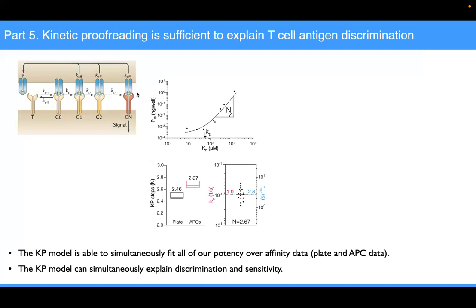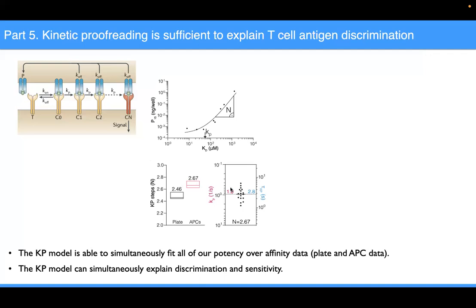In fact, the time between binding and signaling is simply the number of steps divided by the rate of each step. And so what we found was that the number of steps happened to be a fractional number. It was 2.67, which I have to say we weren't expecting, because these are biochemical events. So we expected an integer, but we were fitting a continuous model that allowed N to be fractional.